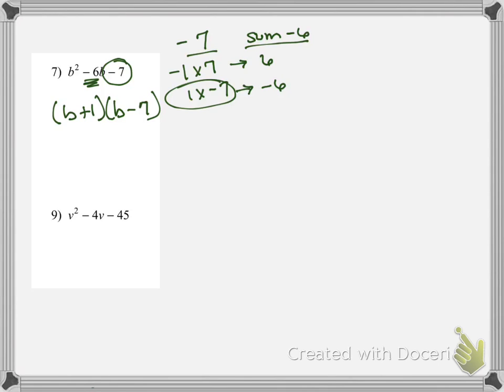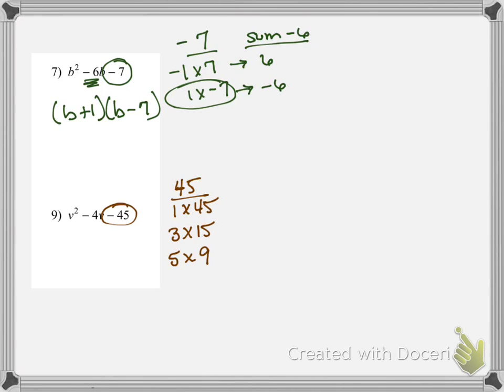Now this next one here, we're going to be looking at 45. We know 1 times 45 works. 3 times 15. And 5 times 9. And I think that's all.